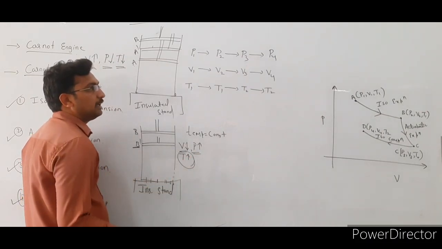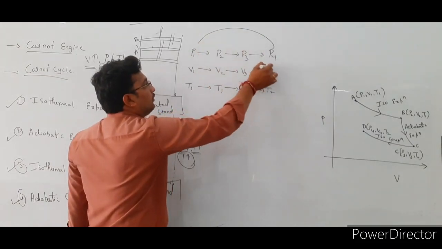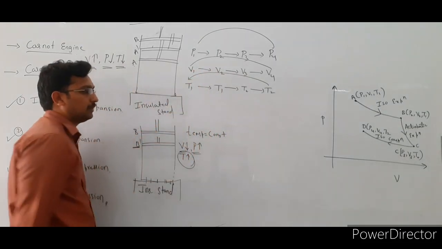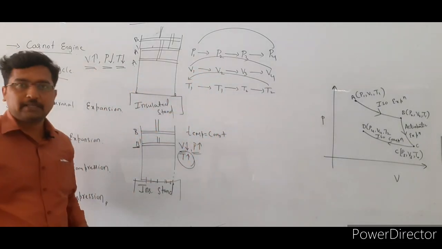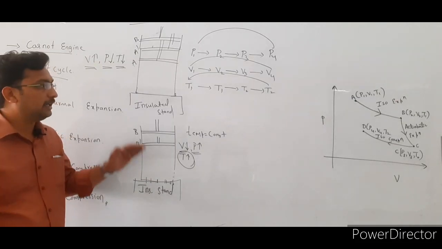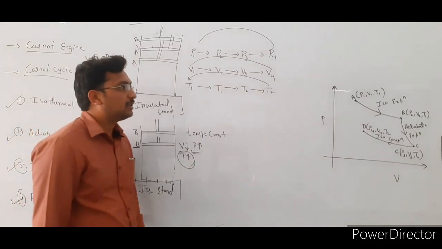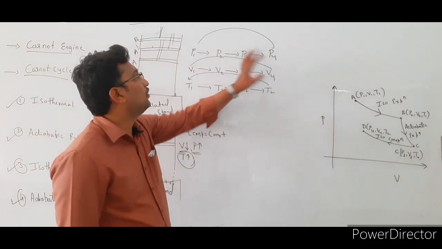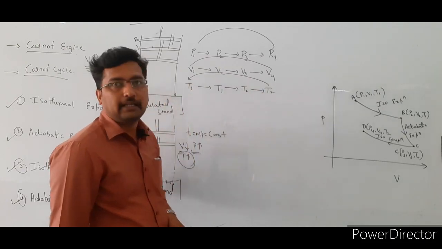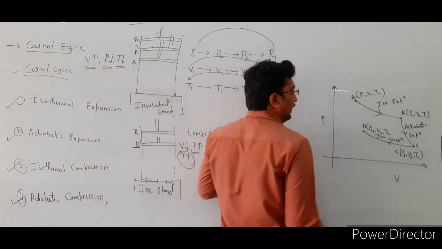So the state of the system changes from P4 to P1, V4 to V1, T2 to T1, right? So in the PV diagram it is represented by A, right?